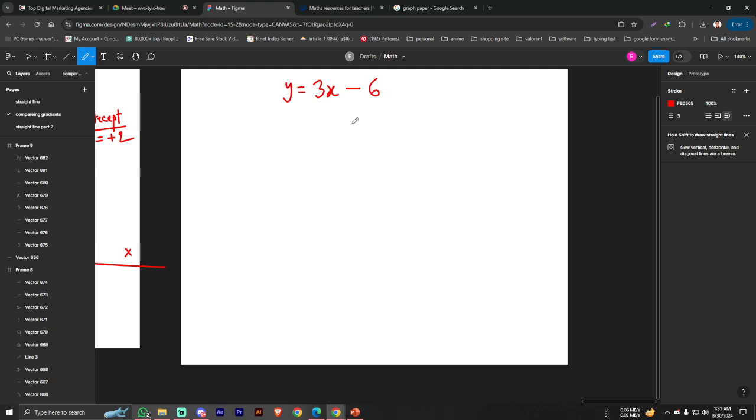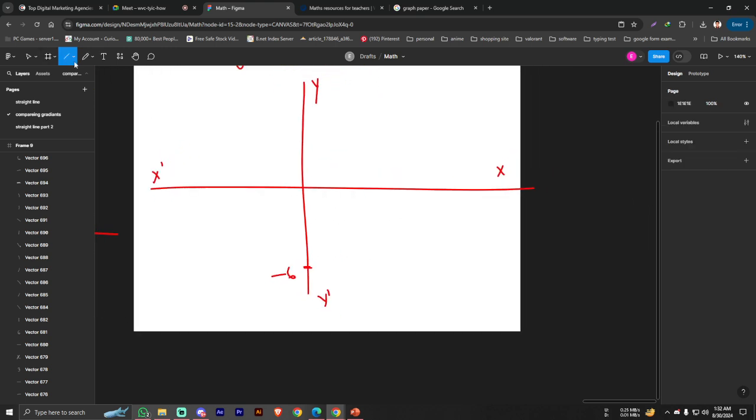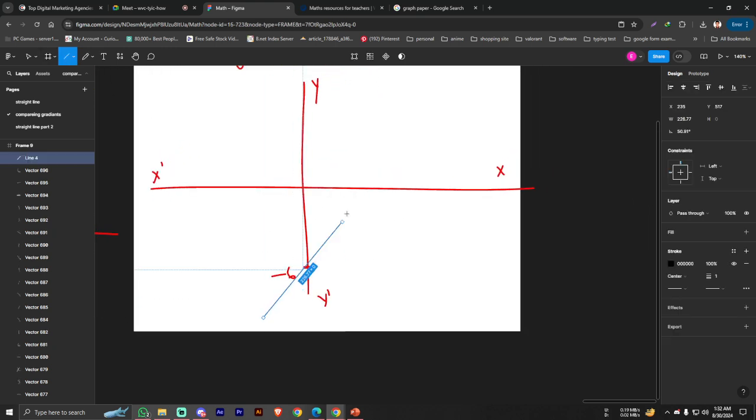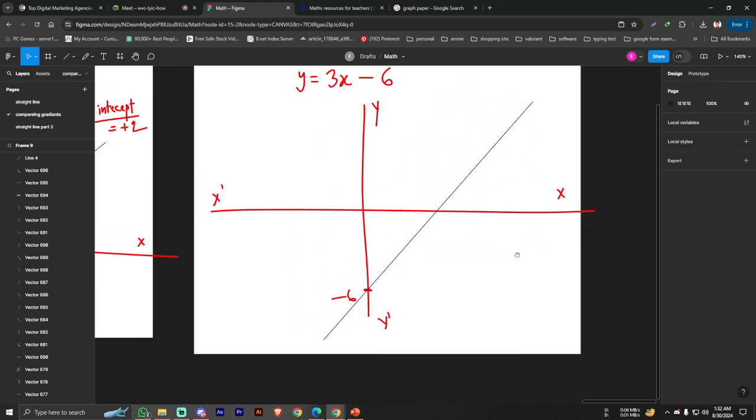Where the y-axis will be cut, you can say the y-intercept. The y will intercept at -6. That means we have to follow the -6 right here, somewhere downwards, right? And if we plot the graph, we'll see that it will go through here.